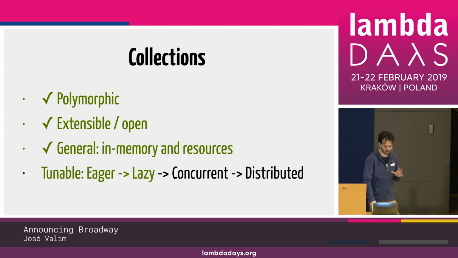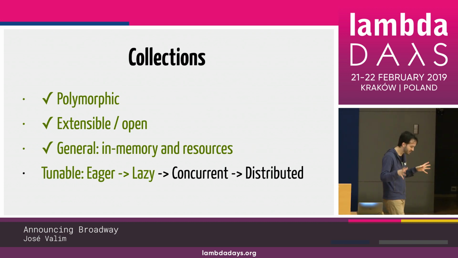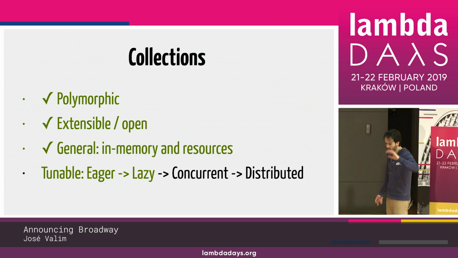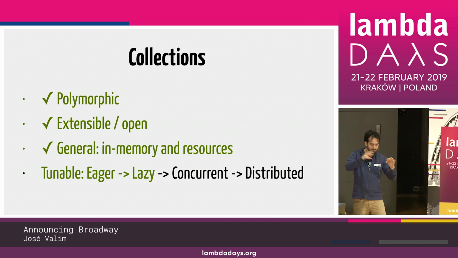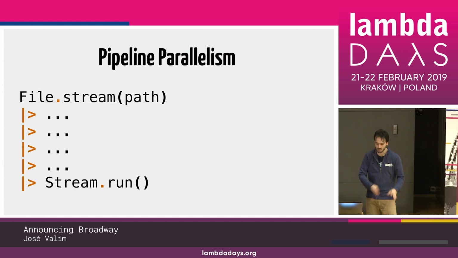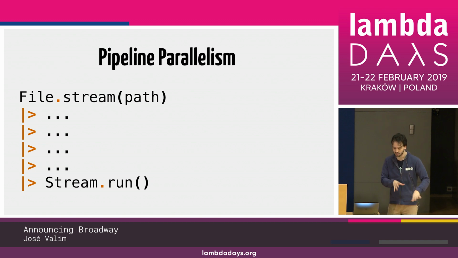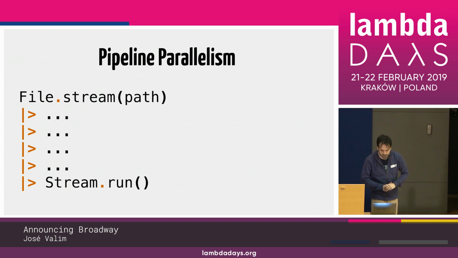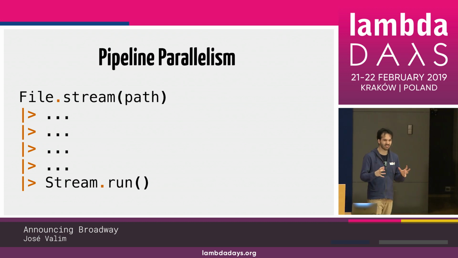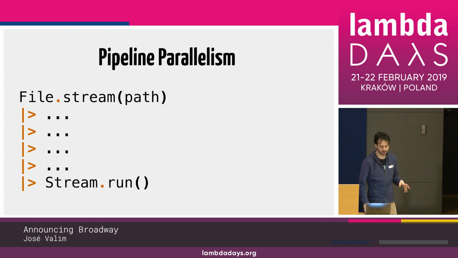Imagine that we have this complex pipeline. You are getting a file, can be a CSV file, and then you are mapping. Consider each arrow with the 3 dots to be an operation. Then we map, then we filter, then we do this, and then we do that, so we do a couple of different things. We run this stream at the end. So our first approach was, what if we have a Stream.async operation?